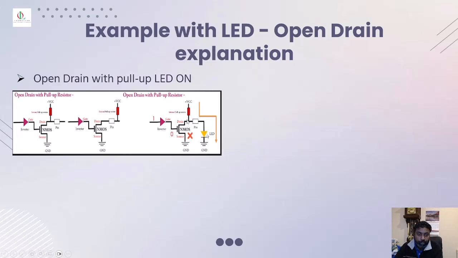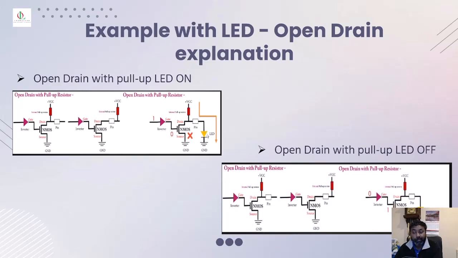Therefore, the voltage will be allowed into the LED, which makes the LED come on, as bright as your eyes can see. So that's the purpose of the pull-up resistor here. Even though it's an open drain, if you put a pull-up resistor, it does its job to keep the LED on.